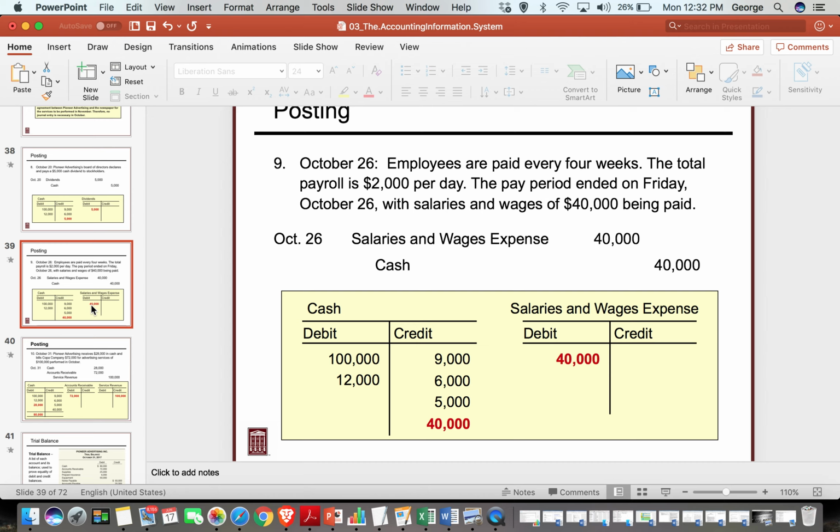So $40,000 of salaries and wages expense being paid to our employees. So we debit salaries and wages expense for $40,000. It's increased because of debit, and then we decrease cash for $40,000. So debit balance for cash is being decreased by $40,000, so it is credited.